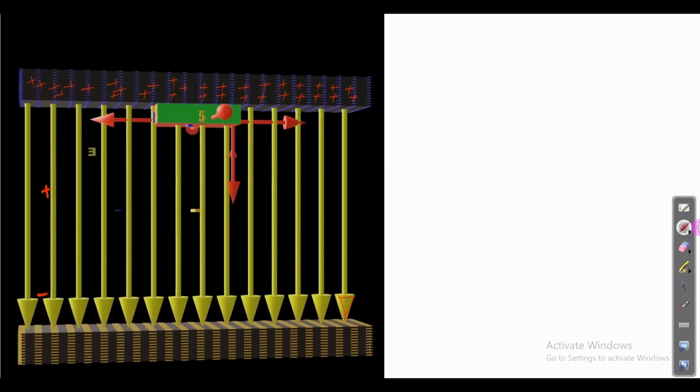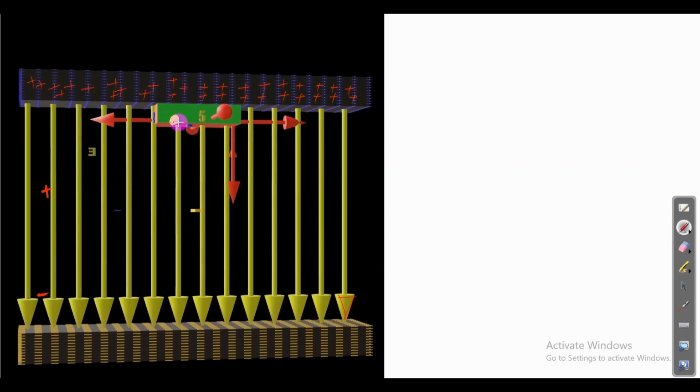And we are asked to find the electric field at this point between these two plates. So in order to find the electric field intensity, we have to consider a box-like shape around this point.